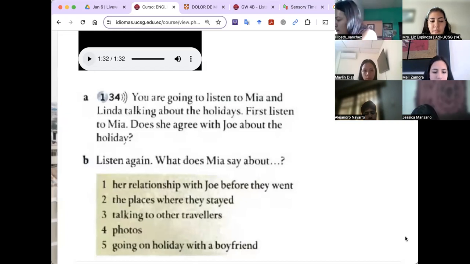What about number 2, the places where they stay? Alejandro, what can you say about what Mia said about the places where they stay?